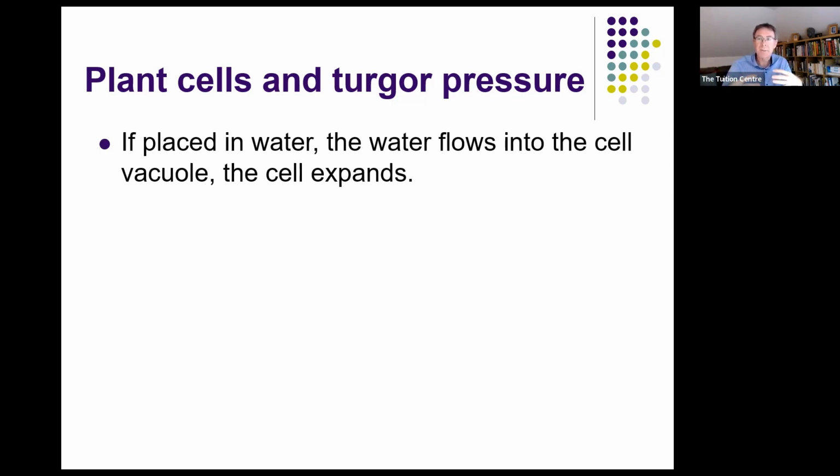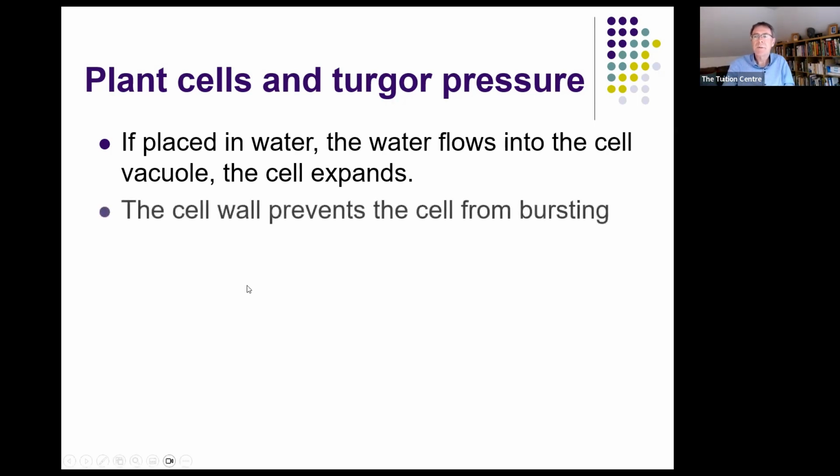Water enters by osmosis, and because the vacuole swells up, it causes the cell membrane to press against the cell wall. And you get this internal buildup of water pressure, osmotic pressure, they call it, which causes the cell to be swollen, what we call turgid, right? So the cell wall stops the cell from bursting, like the poor red blood cell.